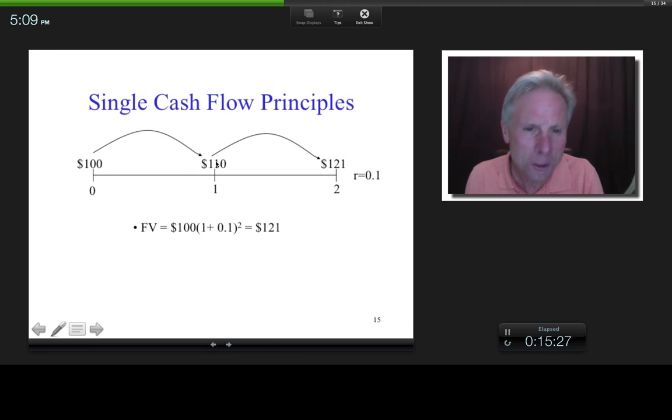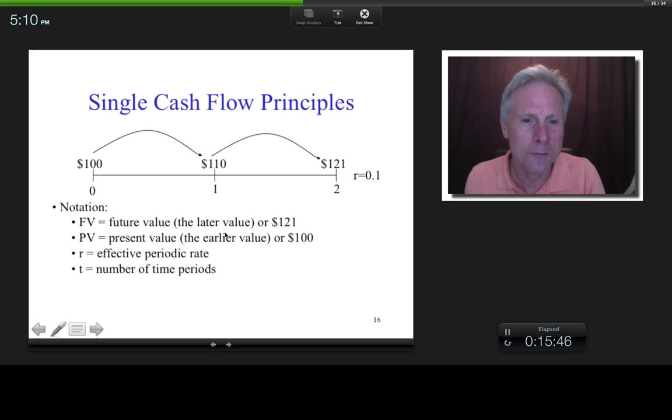Now, for this whole formula to make sense, 100 grows into 110, did we have to be working with effective rates? We did, right? So in other words, if these were 6-month periods, then this 10% better represent an effective 6-month rate. Okay.